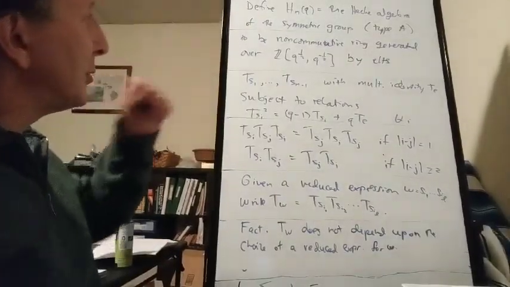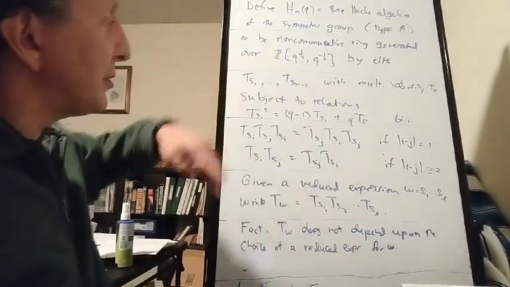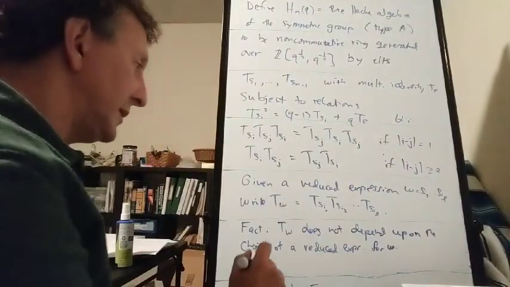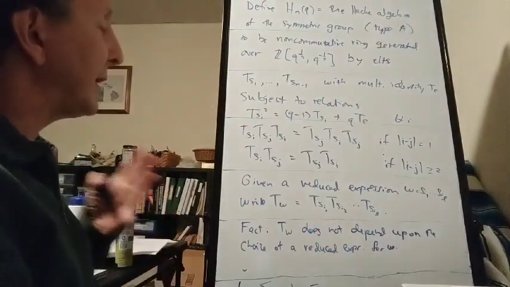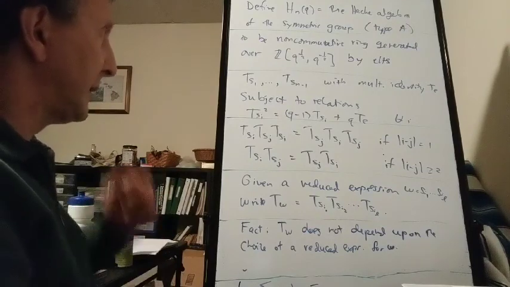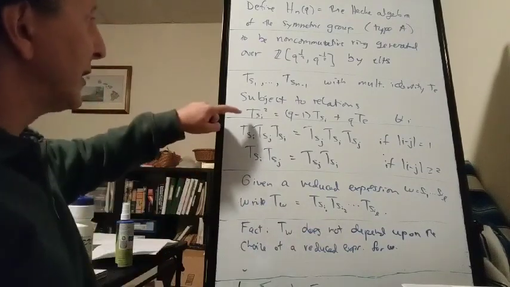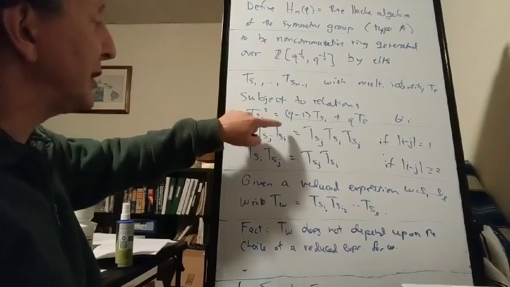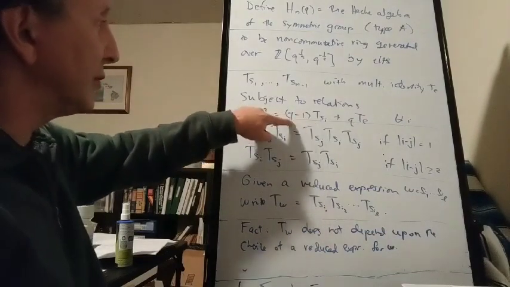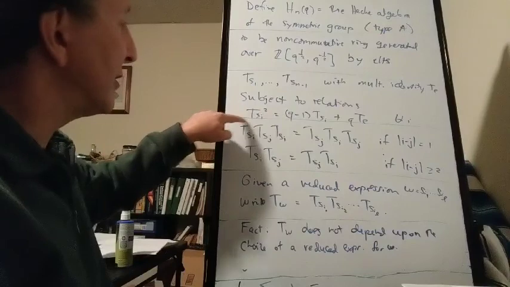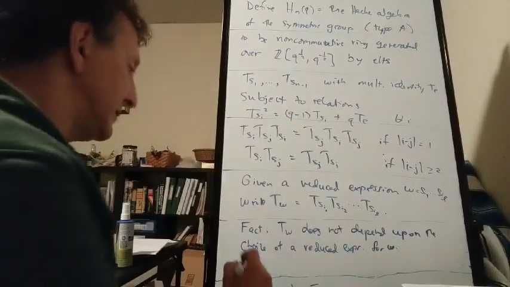So if we substitute root q equals 1, or just q equals 1 if you like, then you can see that we get the symmetric group algebra back, so integer linear combinations of symmetric group elements. Because if q is 1, then the extra term is 0, and we just get generator squared equals the identity.